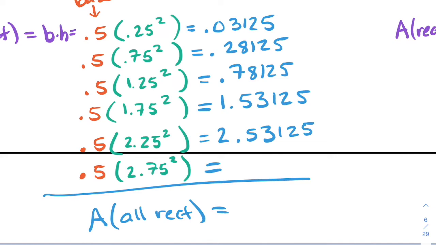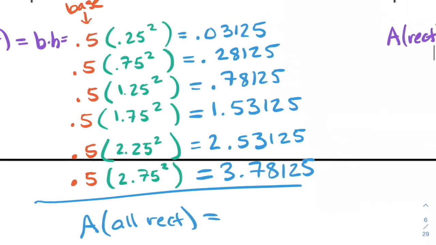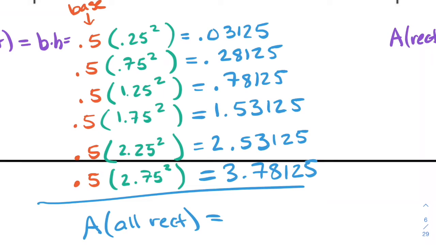I want to make sure I haven't made any mistakes up to this point. 2.25 squared times 0.5. Okay, it looks pretty good so far. And then the last one, 2.75 squared times 0.5 is 3.78125.